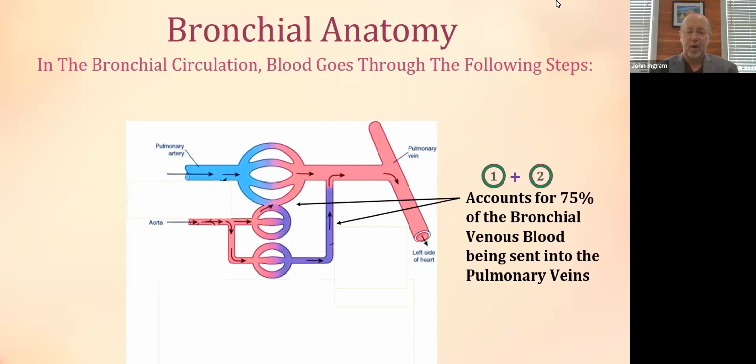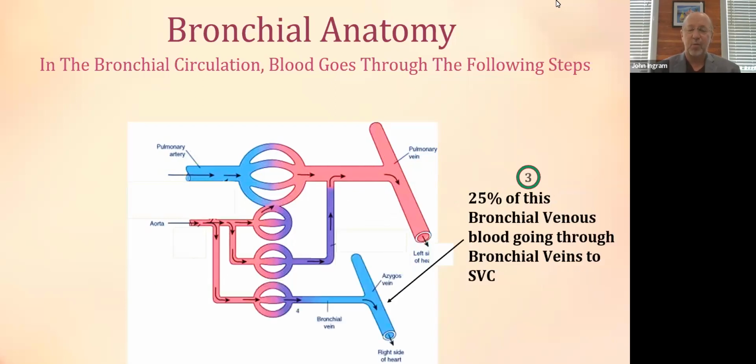These two sections of bronchial capillaries are counterproductive to that because they empty their venous blood, mixing in with the pulmonary veins on its way to the left atrium, and negatively affecting the overall saturation ending up in the left atrium.